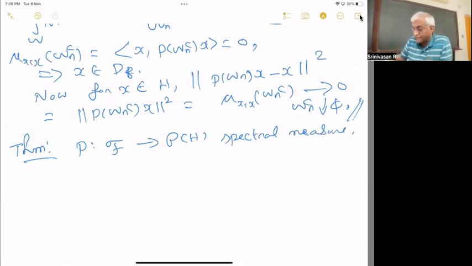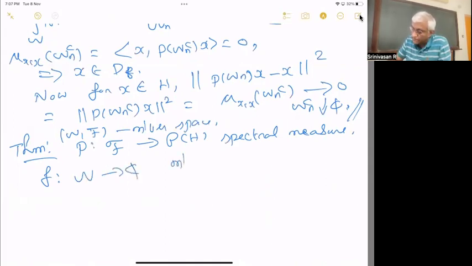Spectral measure, and f from omega, we have script F. f from omega to C measurable. Okay.